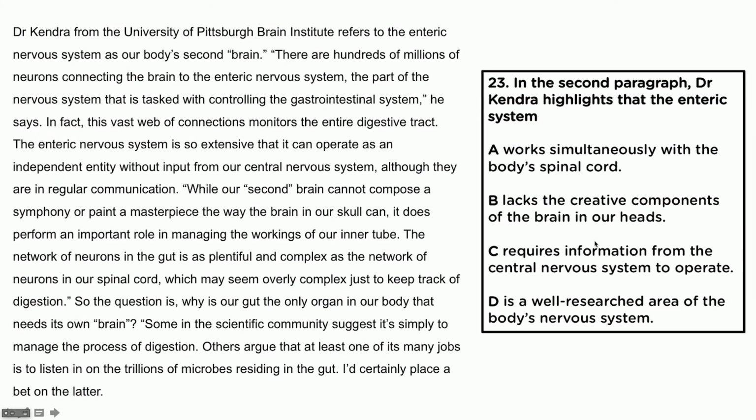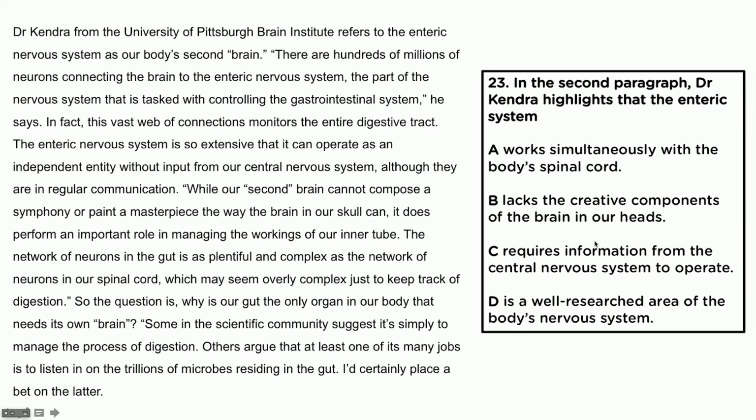There are hundreds of millions of neurons connecting the brain to the enteric nervous system, the part of the nervous system that is tasked with controlling the gastrointestinal system, he says. In fact, this vast web of connections monitors the entire digestive tract. The enteric nervous system is so extensive that it can operate as an independent entity without input from our central nervous system, although they are in regular communication.